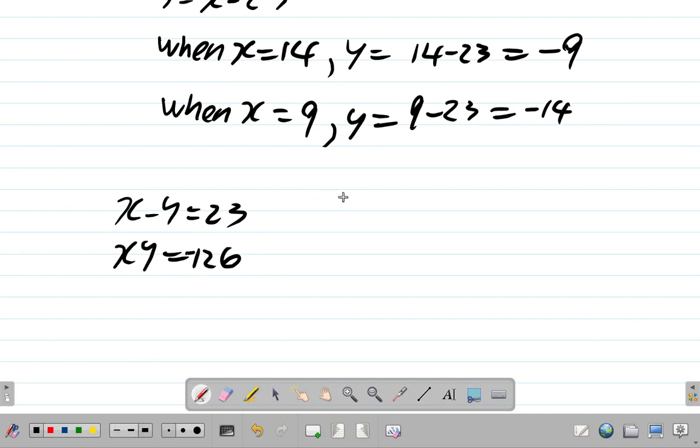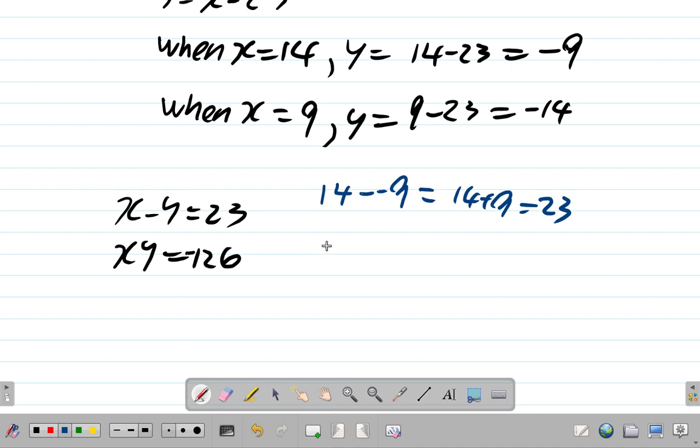Alright. So we can test and see if they really work. I said when x is 14, y is negative 9. 14 minus negative 9 is the same as 14 plus 9, which is 23. Okay.